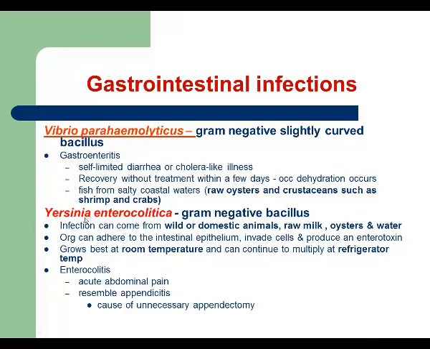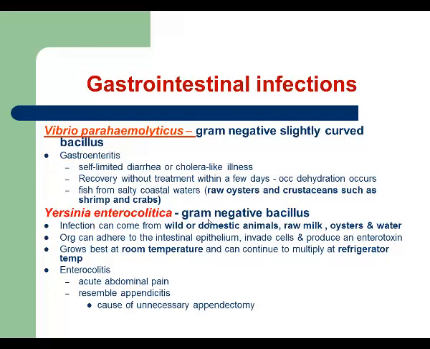The next infection is a GI tract infection that's caused by Yersinia enterocolitica. Once again, it is a gram-negative bacillus. The infection is relatively new, and what you have to know specifically about Yersinia enterocolitica is this bacterium grows at room temperature, and it also can grow in lower temperatures.